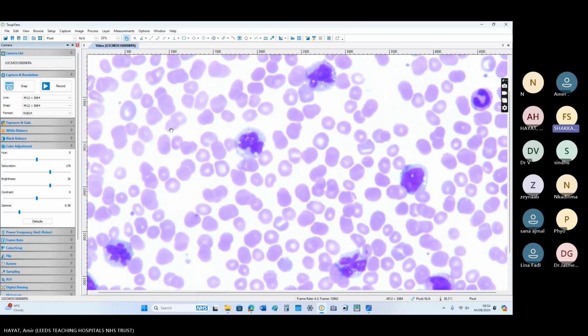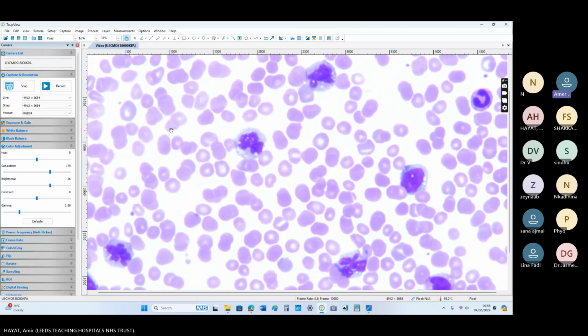So we can see here a population of mononuclear cells with irregular nucleus, dense chromatin, vacuolated cytoplasm. One of them is showing the flower shape appearance, I think.